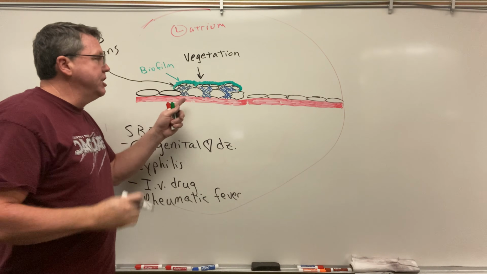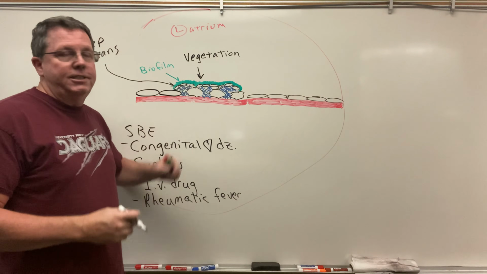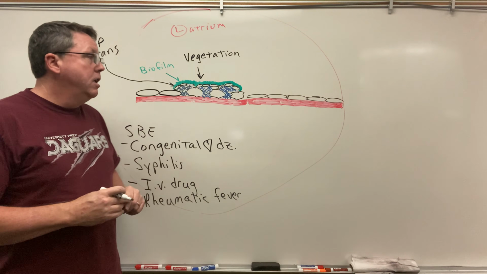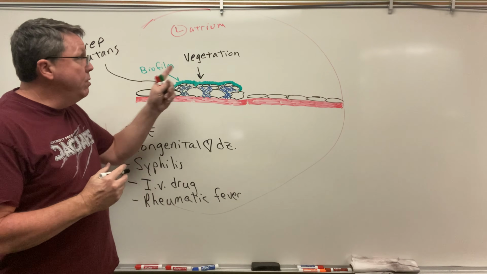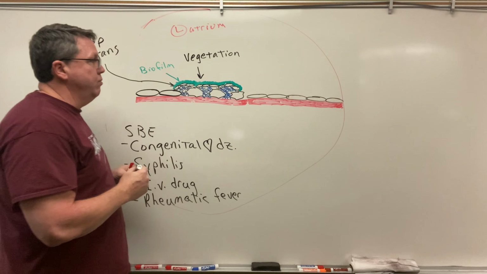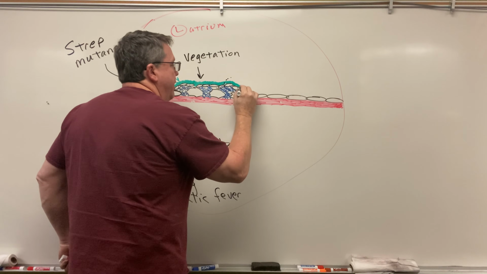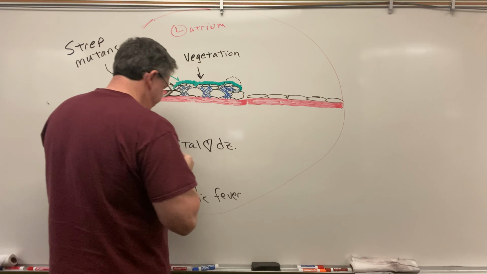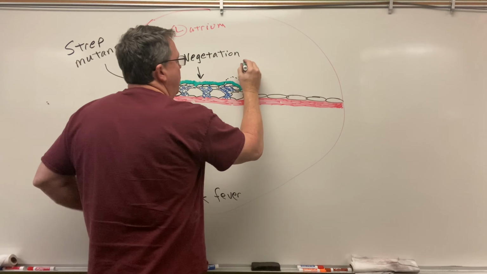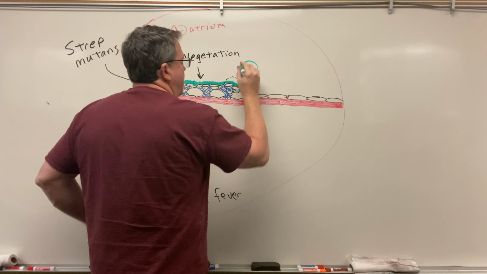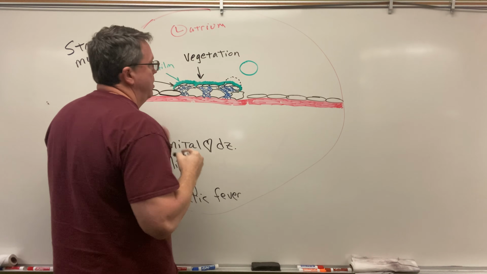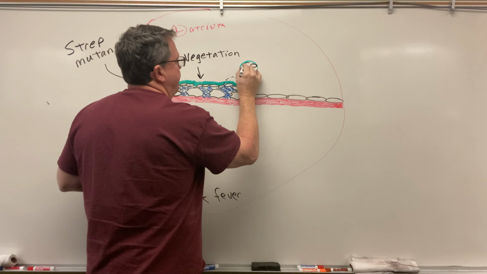The bacteria just takes advantage of the damage that's there. Okay, so the problem with subacute bacterial endocarditis will occur when, let's say we have this piece right here, and it breaks off, and now it starts to travel in the bloodstream.